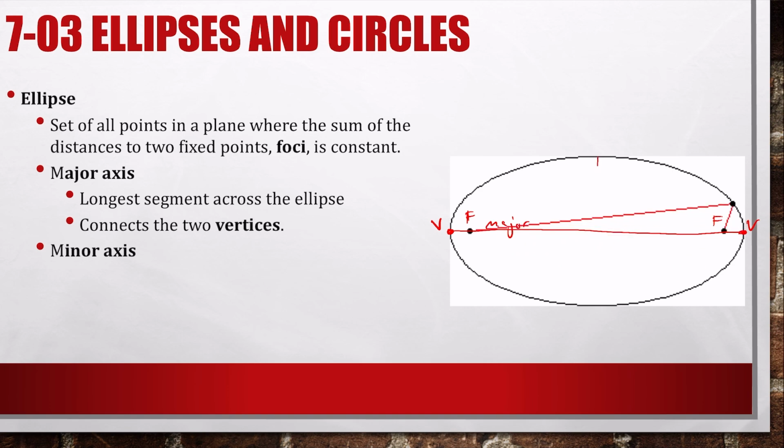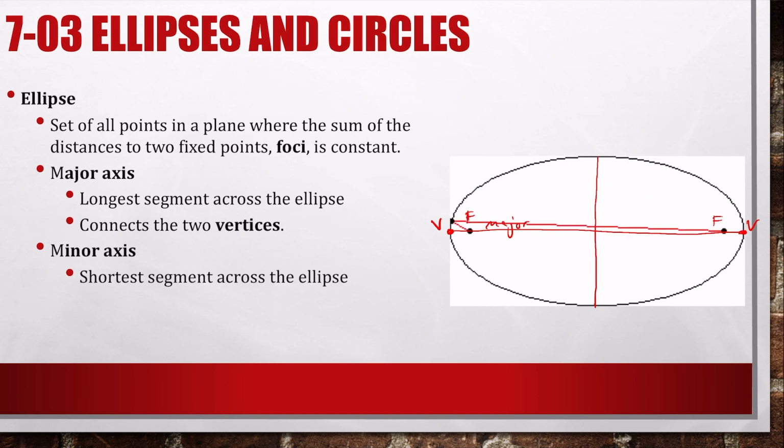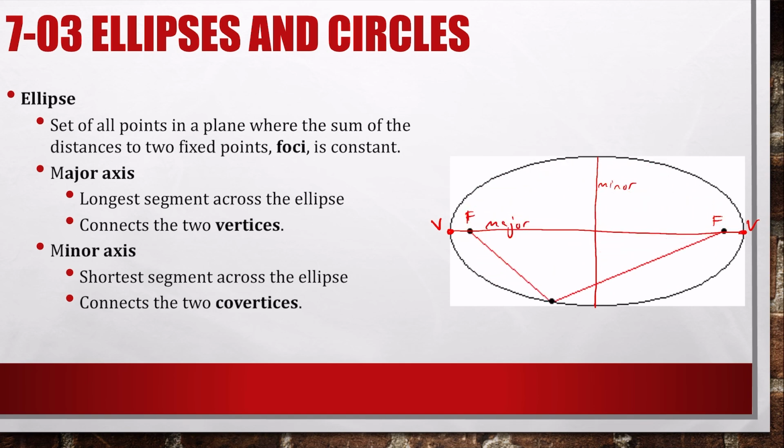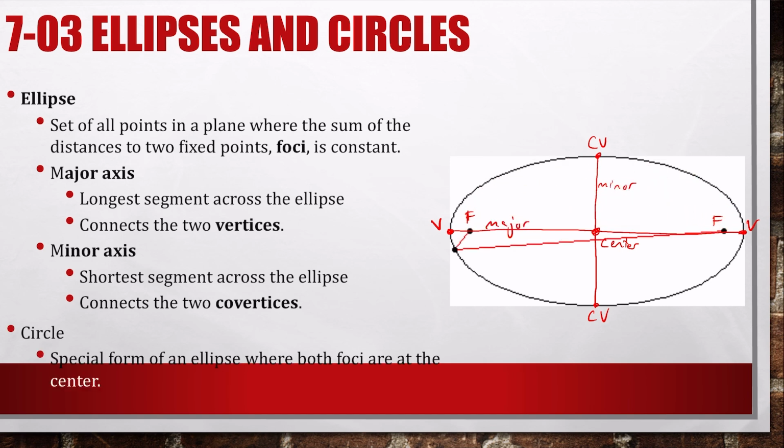Minor axis, the shortest distance, and it connects two covertices. That's a covertex, and that is a covertex. And of course we have the center. A circle is a special form of an ellipse where both the foci are at the center.